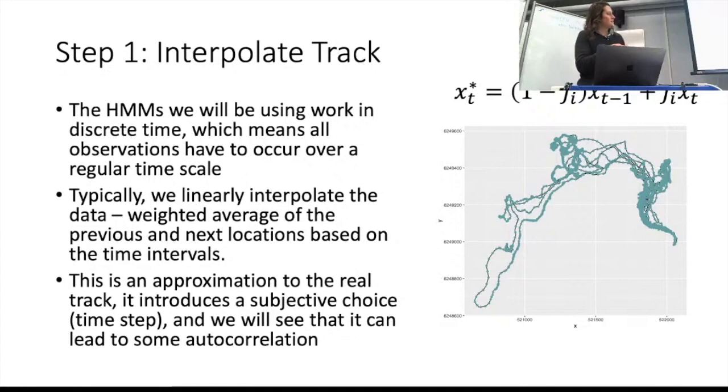Sorry, that's not the most correct bullet actually, but you can basically think of linear interpolation as a weighted average between 2 locations based on the time difference between those 2 locations.